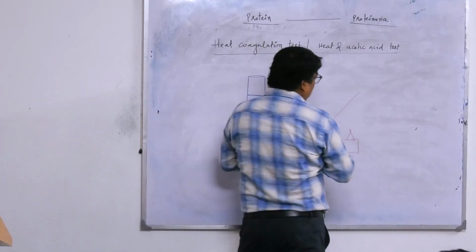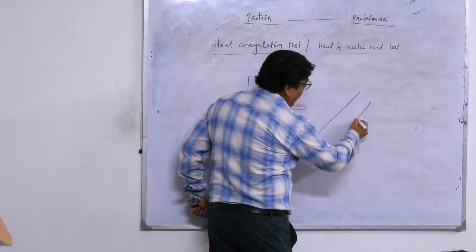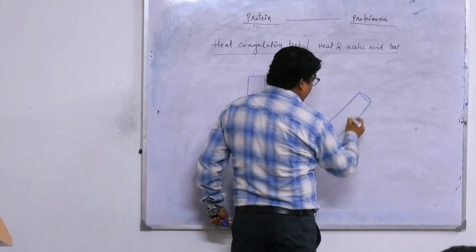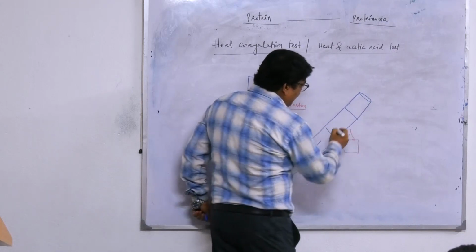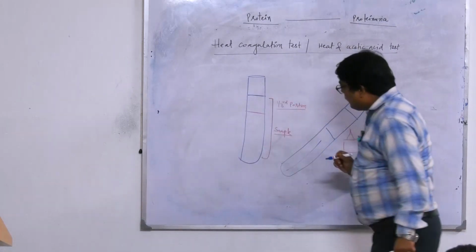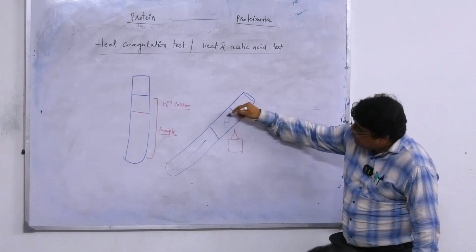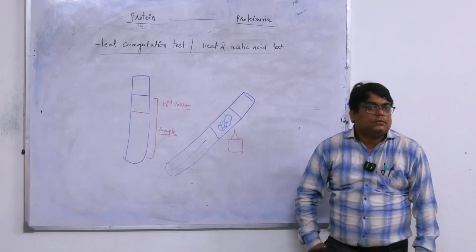समझने की कोशिश करेंगे इसको. देखो, ये हमारी टेस्ट ट्यूब है. इसको 1/3 पोर्शन को हमने हीट किया. हीट करने पर कुछ ऐसा चेंजेस आया, कोगुलम फॉर्म हुआ.